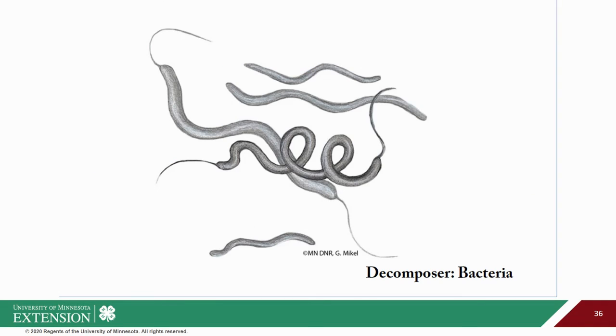All right, so the last step in our food chain is the decomposers. These are the ones that break down all of the dead material that you're going to find. This is dead material from plants, could be fish guts left from a fisherman, could be a dead fish, whatever happened to that fish.